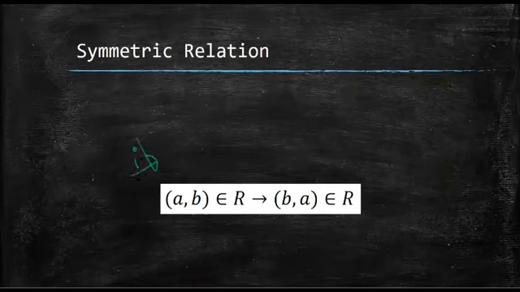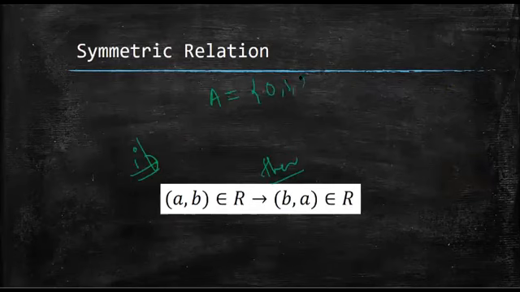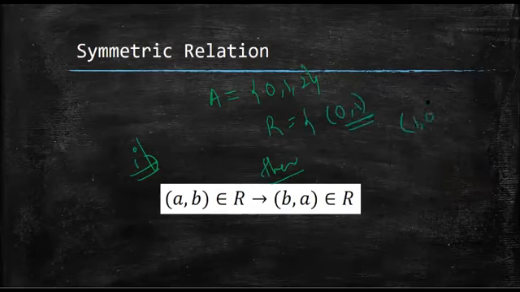So if A comma B is in R, then B comma A should also be in R. We can take an example: if we have a set A with elements 0, 1, 2, and in the relation R, suppose we have 0, 1, then definitely 1, 0 should be there in the set. Then it is known as a symmetric relation.